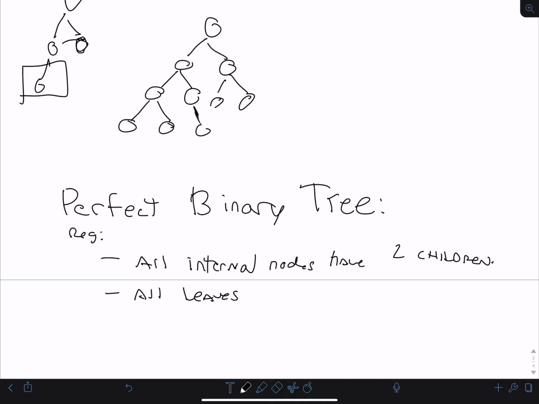I'll put like requirements. All leaves are at the same level.